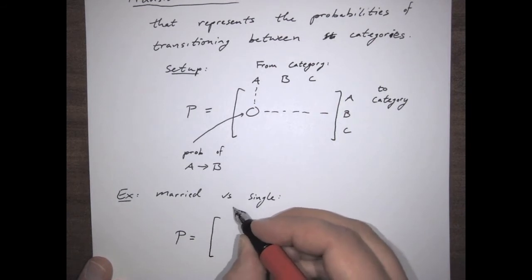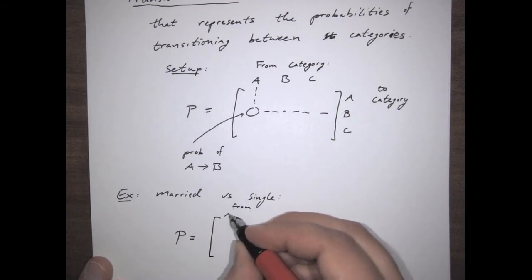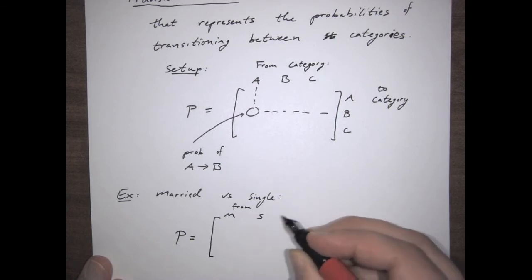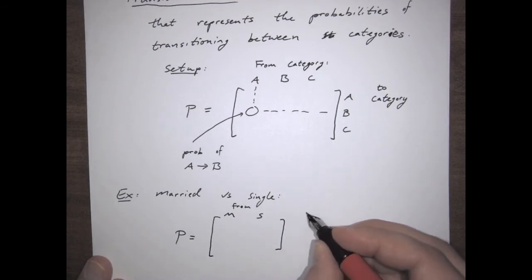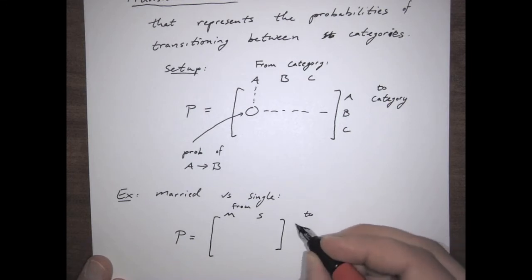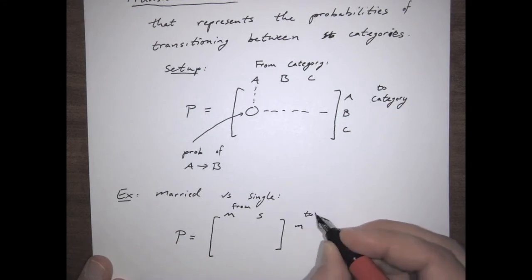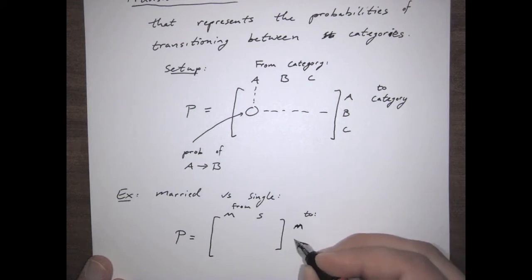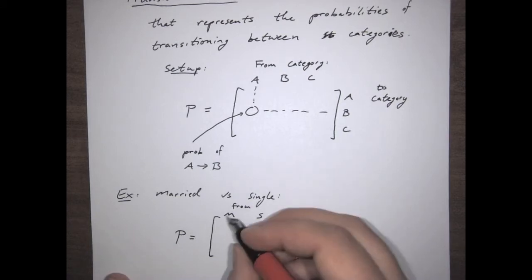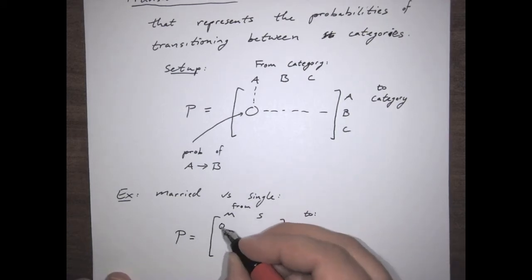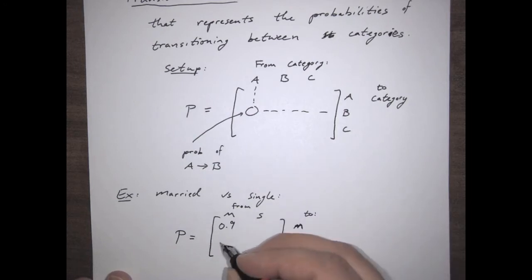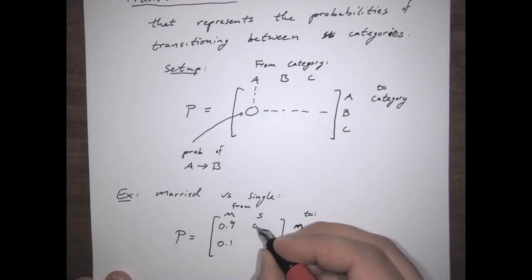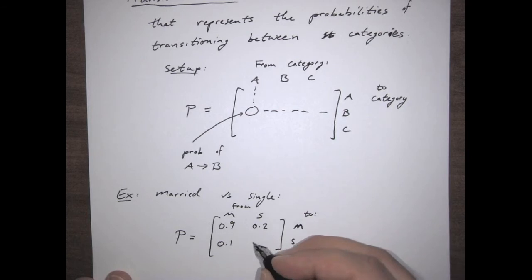So we have from, let's say M and S to M and S. It doesn't matter which one you do first as long as you do them consistently. M then S, M then S. So this one would be 0.9 married, stay married. 0.1 married becomes single. Here, this 0.2 single becomes married, and 0.8 single remains single.